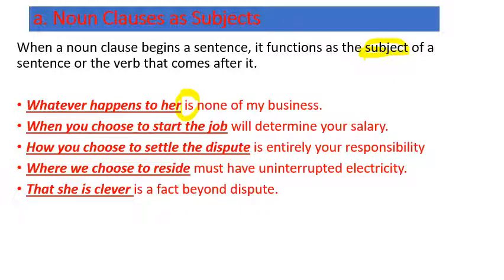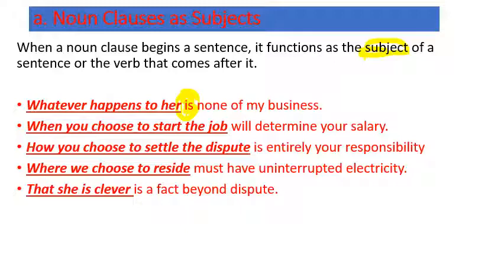As we said, every noun clause has a verb, but this is not the main verb of the sentence. Our main verb is "is," alright? And if we look here, "whatever happens to her" is the subject of the sentence, this is the verb, and this is the completion.